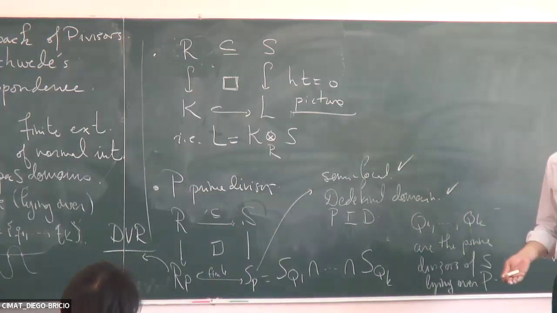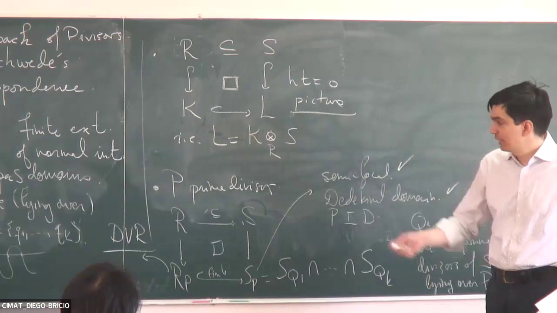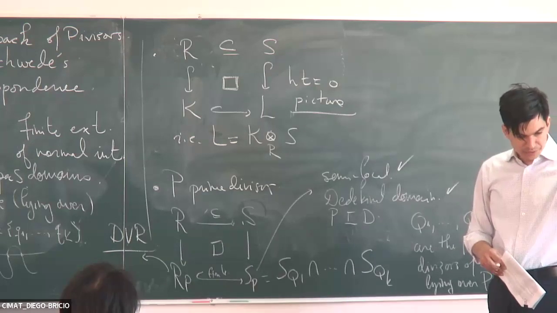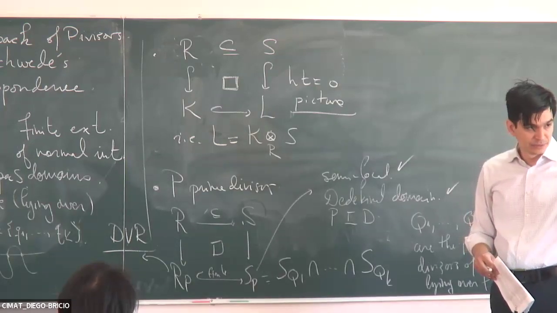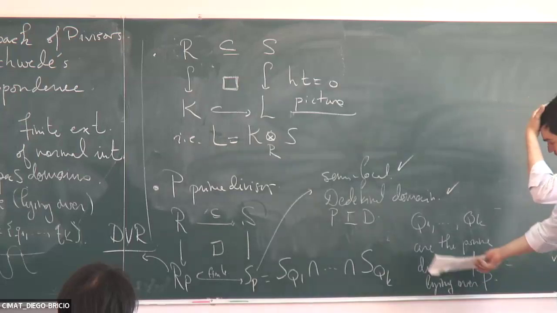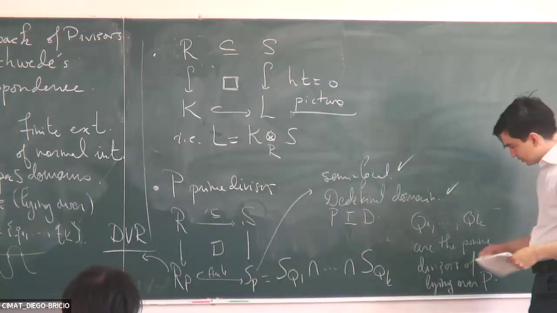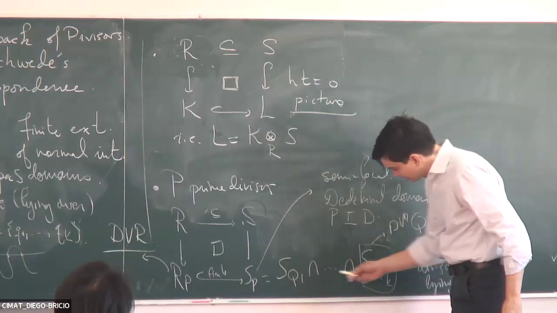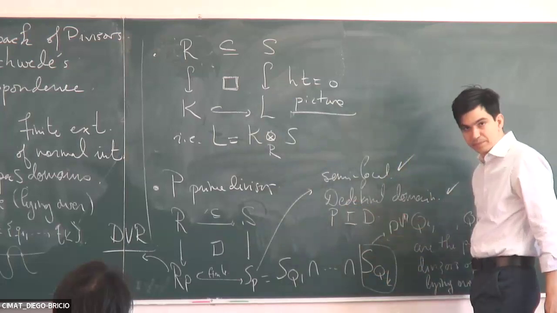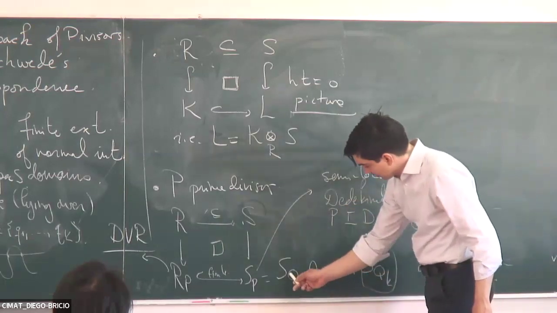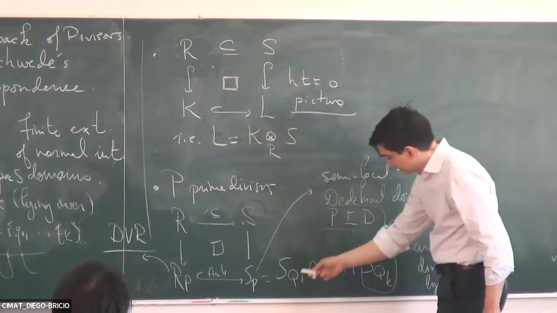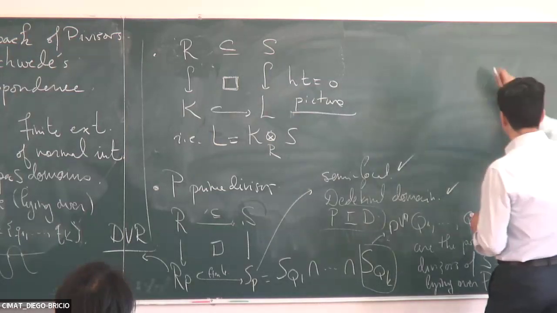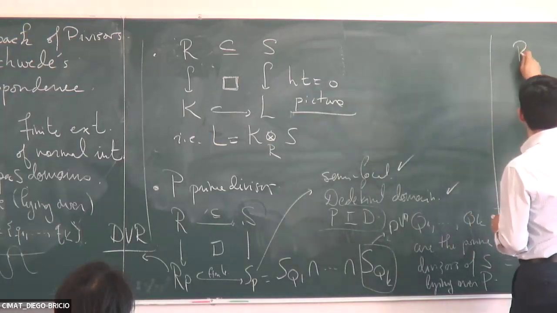They will have height 1 because height is preserved in finite extensions; it's the going-down and going-up theorems put together. So you get these prime divisors. Each of them is a DVR, and the intersection of them is going to be this Dedekind domain. This is a PID, and so you get that. So in particular, you can define these maps.